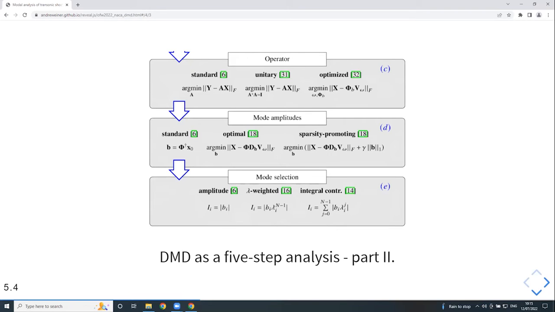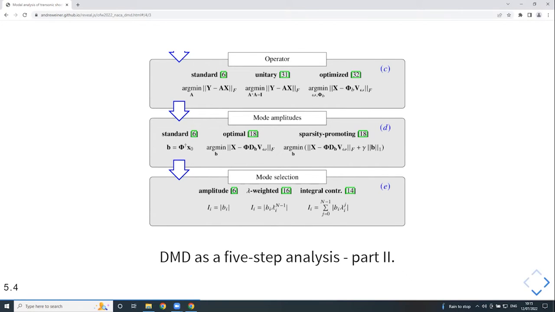The first one is how to, in the kind of FFT sense, associate each mode with an amplitude. On the very left, you see the standard definition which results from a system of ordinary differential equations. So this is like the initial condition basically. And this is, as I said, the standard way.